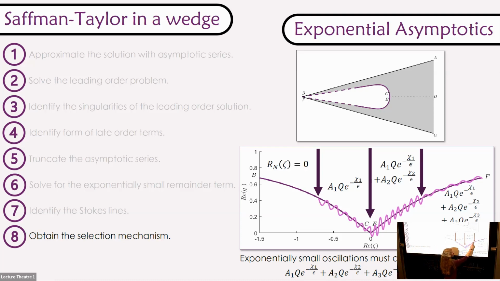And then at the third Stokes line, we switch on another set. This is all great until we get to the far field condition where we wanted our solution to be 1. So if we want the solution to be 1, all of these exponentially small terms must somehow cancel out to be 0. And this is our selection condition. This is what's going to give us that bifurcation diagram.